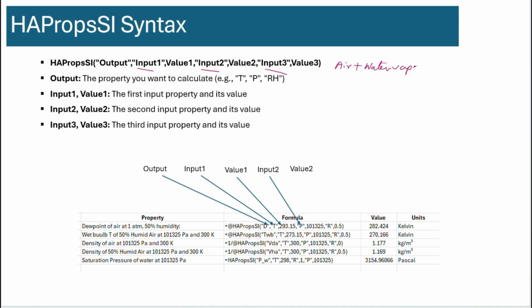So all the properties that the HAPropsSI function is providing you is primarily of a gaseous mixture of air molecules and water vapor molecules. Just assume these crosses are water vapor molecules.